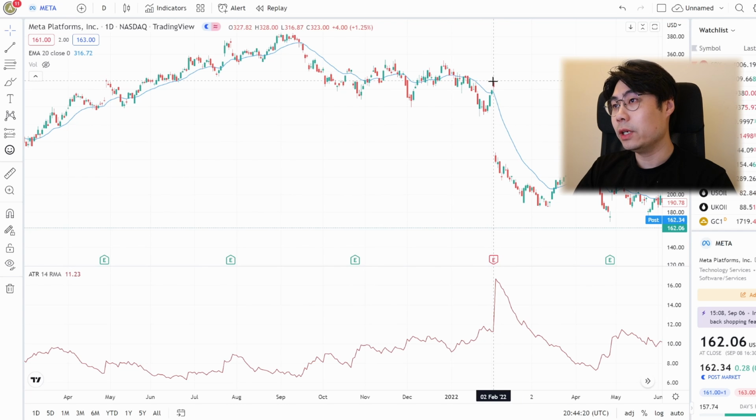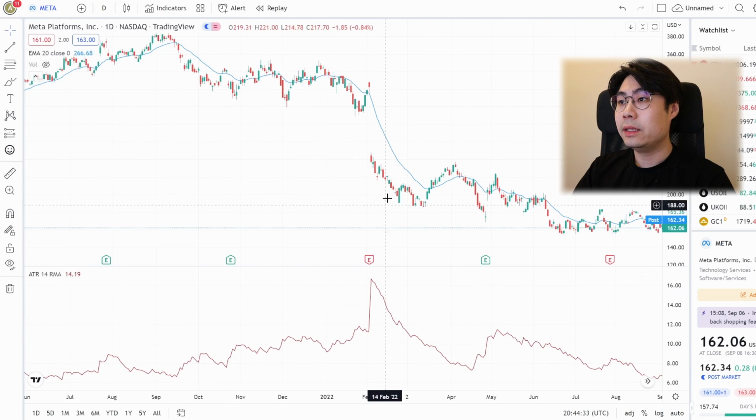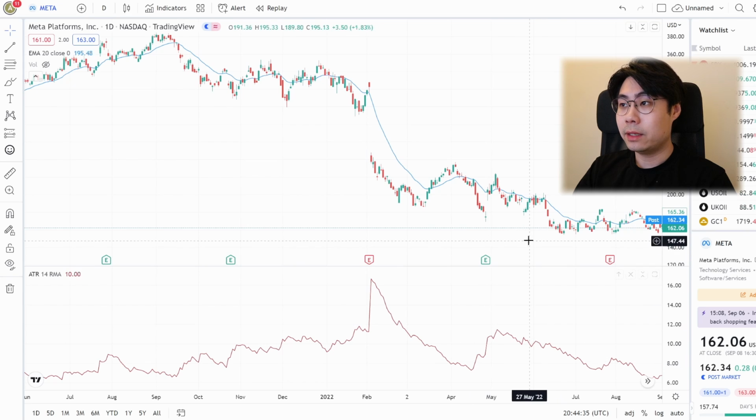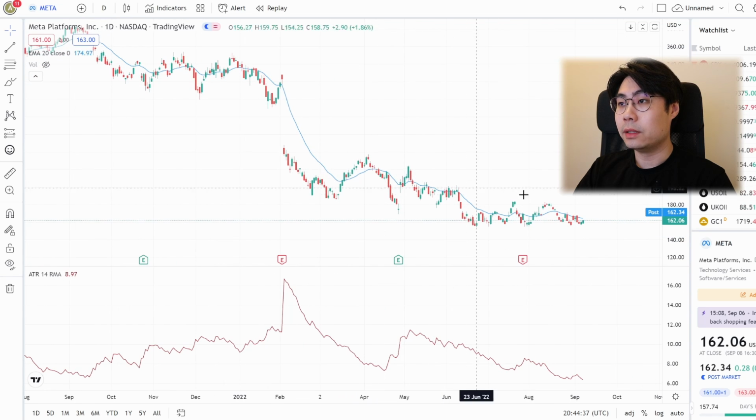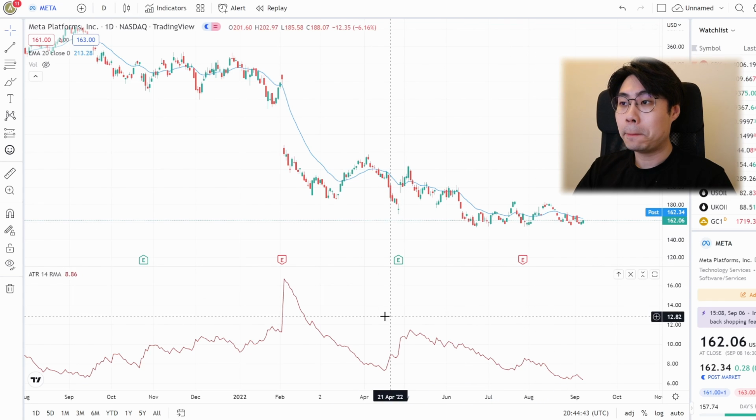And because over here Meta has lost maybe almost a third of its value during a few days, that's why the ATR has increased dramatically. And then it decreased back down when the price started stabilizing around $160 to $180, right?